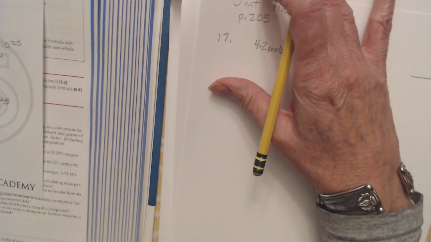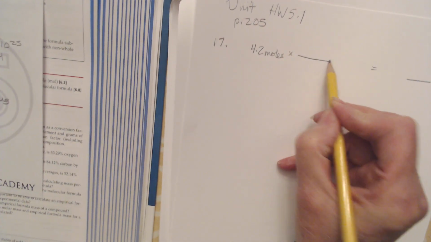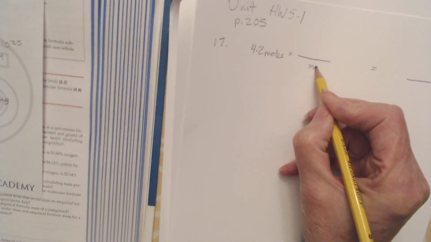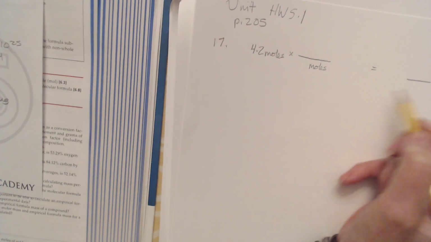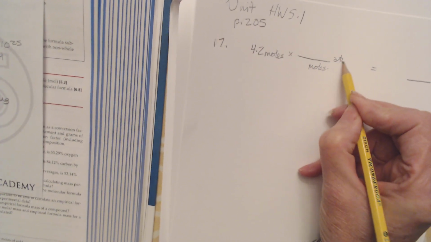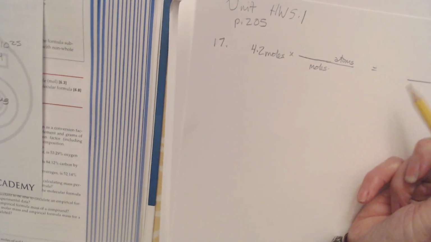I know that the way I do a conversion is I always drive down the label that I start with. So I'm starting with moles. I'm going to drive moles down to my denominator. And then I'm going to say, do I know how many atoms make up a mole? Well, yeah, we learned that today. So atoms has a relationship with moles and can go up in the numerator.